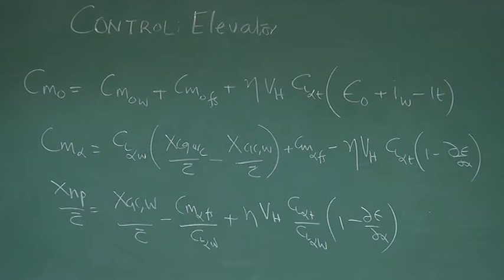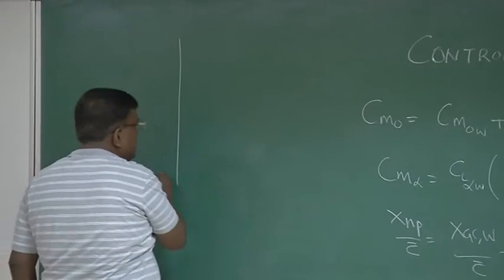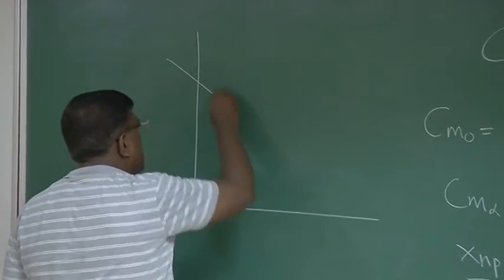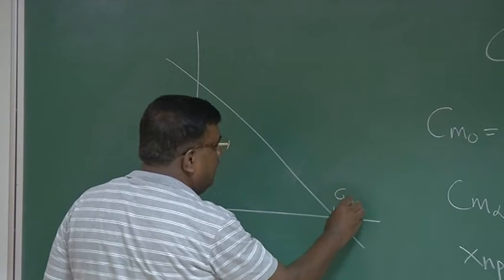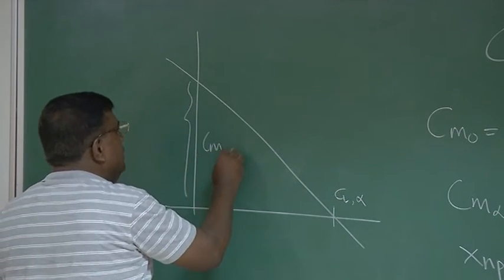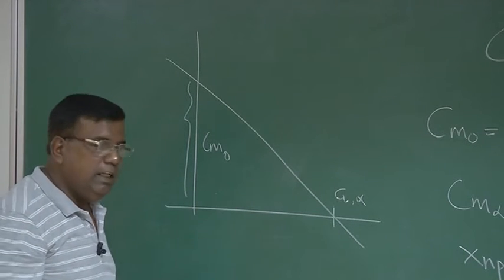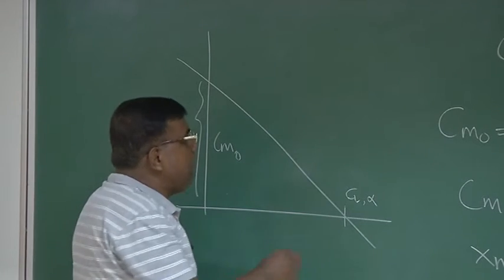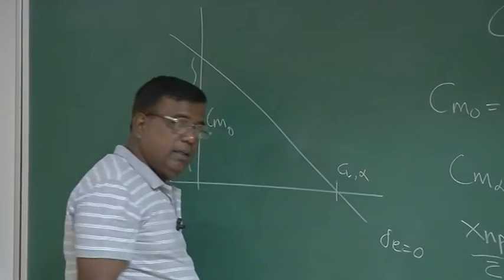What is Cm naught? We know that if I want to fly at some CL or alpha, I need a particular value of Cm naught. We also agreed that if I have designed the airplane efficiently, I should automatically get the Cm naught without giving any elevator deflection.